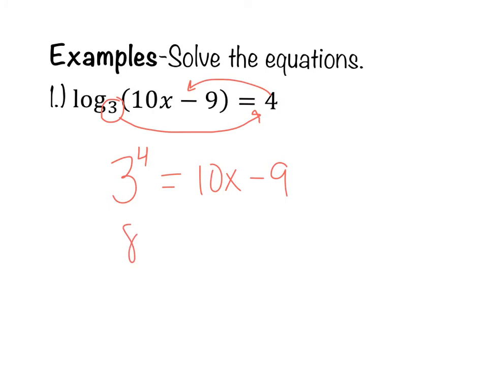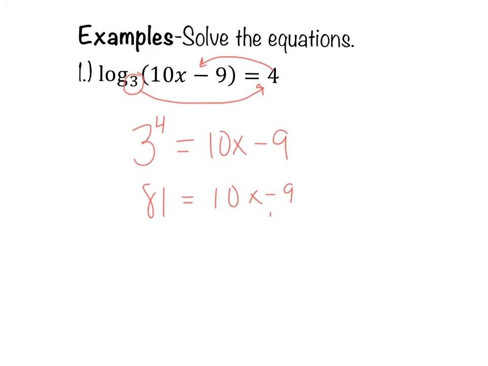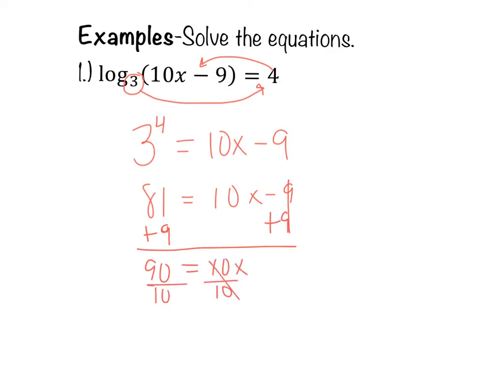Yep, 81 equals 10x minus 9. I then just add the 9 over. And I get 90 equals 10x, divided by 10, and I get x equals 9.